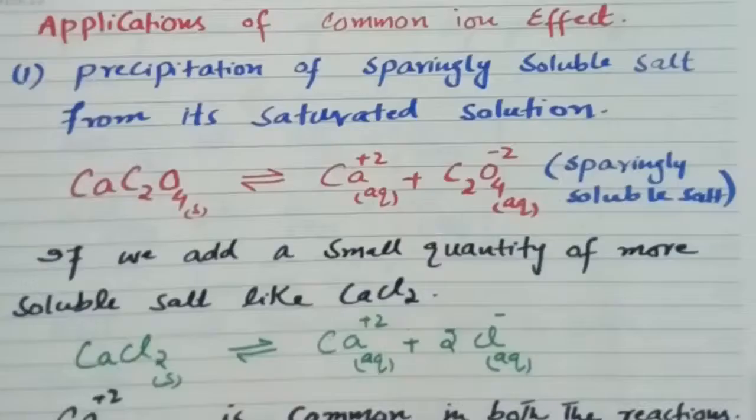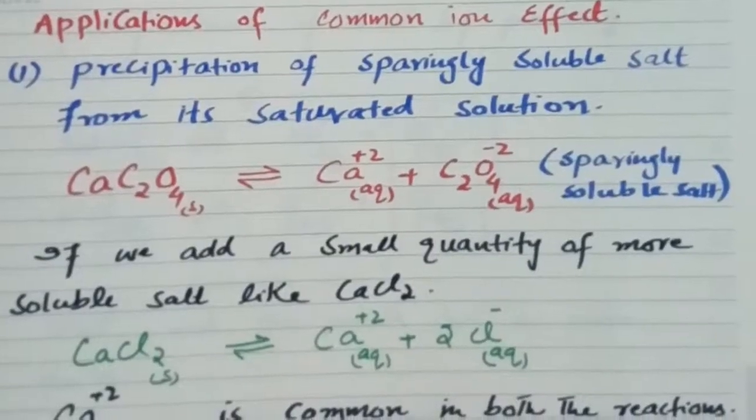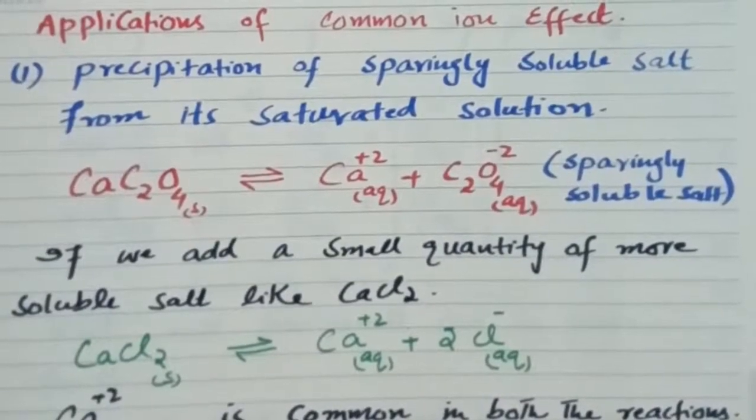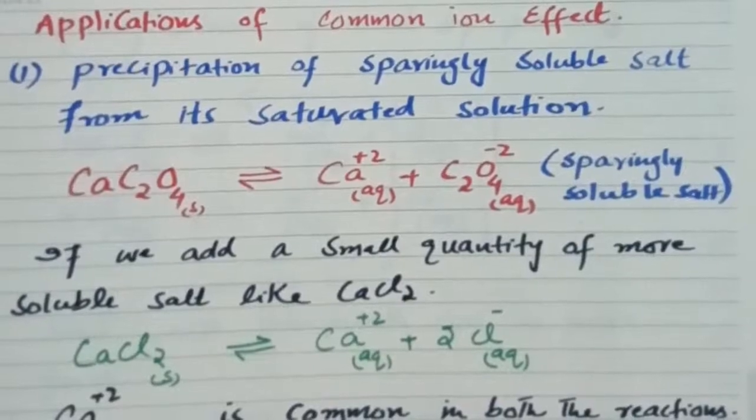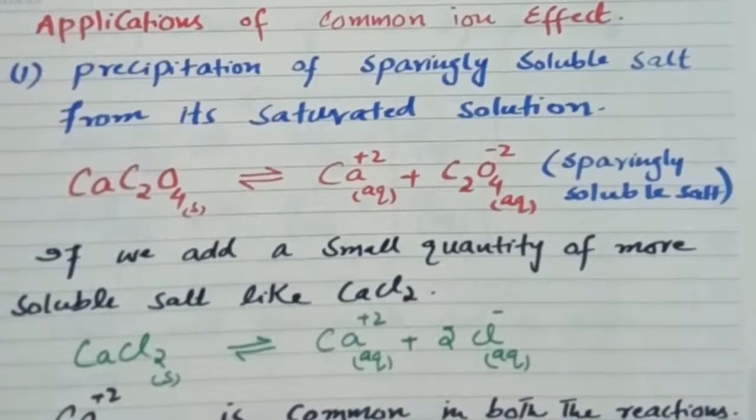Secondly, there are some applications of the common ion effect. The first one is precipitation of a sparingly soluble salt from its saturated solution. Let's take the example of a sparingly soluble salt, calcium oxalate. When it dissolves, it will produce calcium ions and oxalate ions.